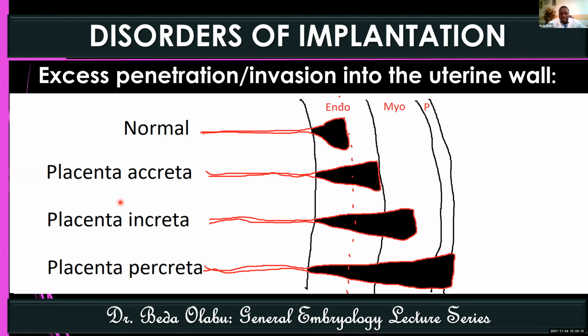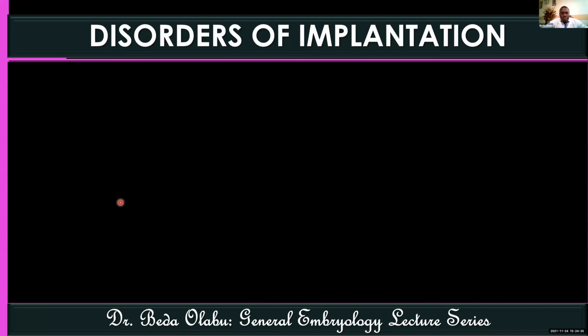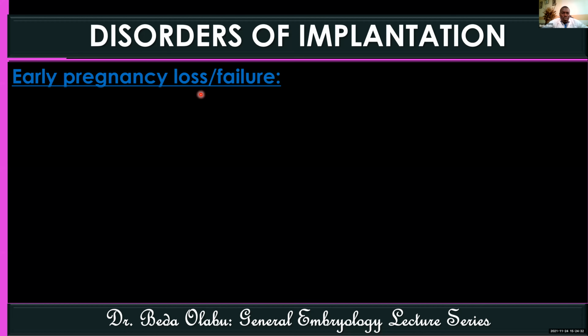And it has its own challenges. One of them being the risk of a lot of bleeding after delivery, what we now call postpartum hemorrhage. Okay, one last thing is that you may have early pregnancy loss, or you call it early pregnancy failure.